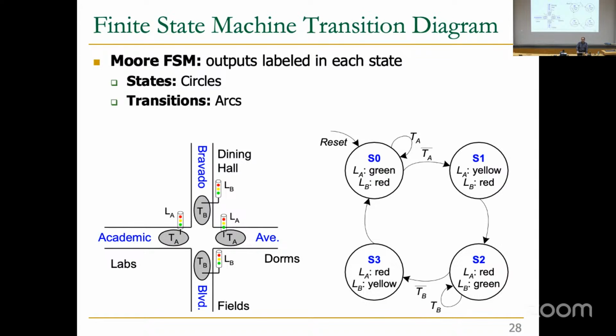Any question? Good. This is, of course, a Moore FSM, because your output is specified only by the state. Whenever you see an FSM where outputs are specified inside each state, that's a very good sign that this is a Moore machine.